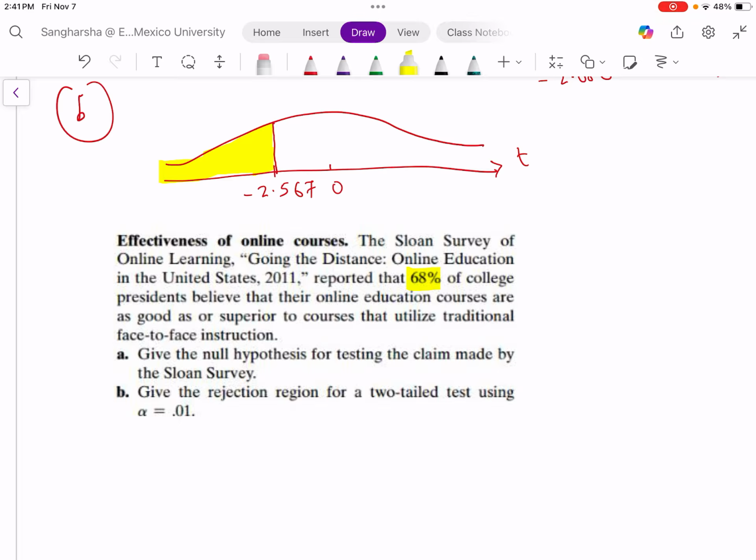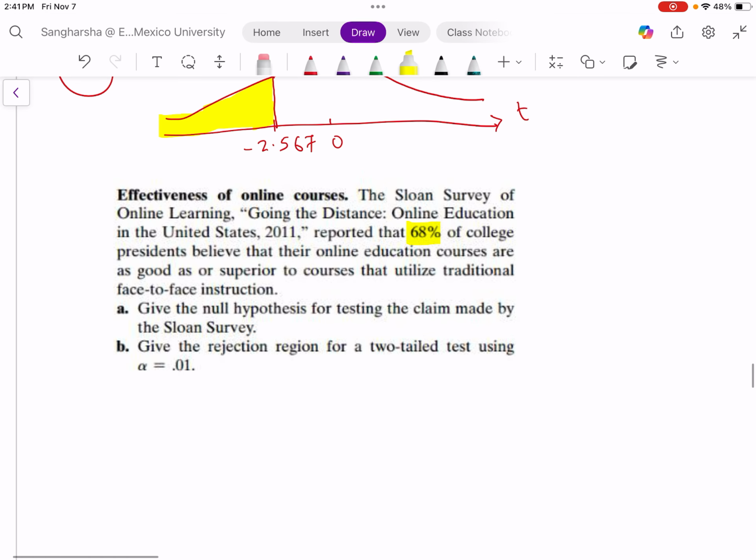Okay, so from that survey, it reported 68% of the college presidents believe that their online education is better or superior to the courses that utilize traditional face-to-face.